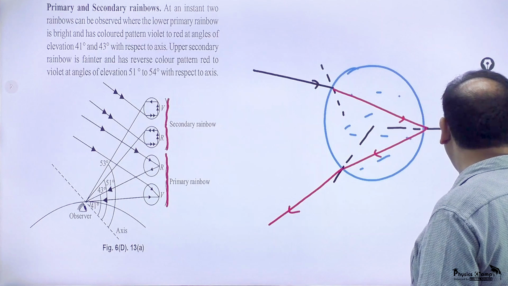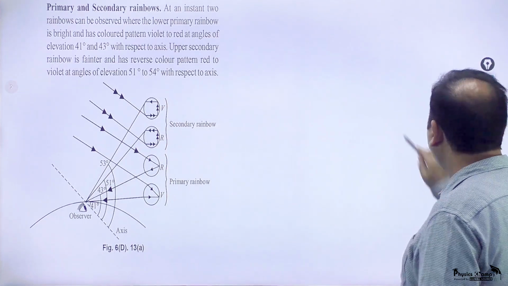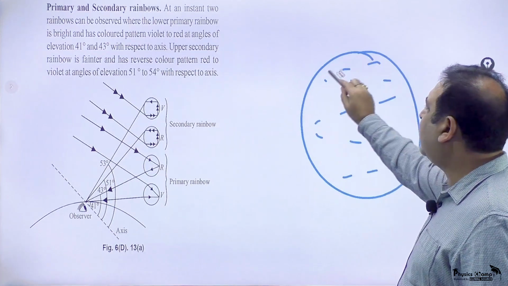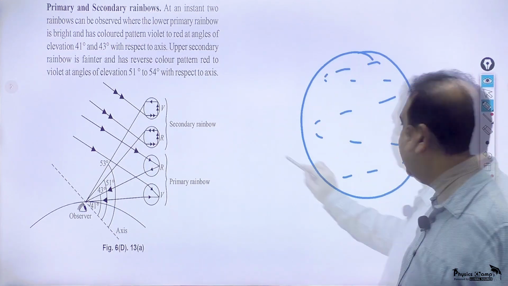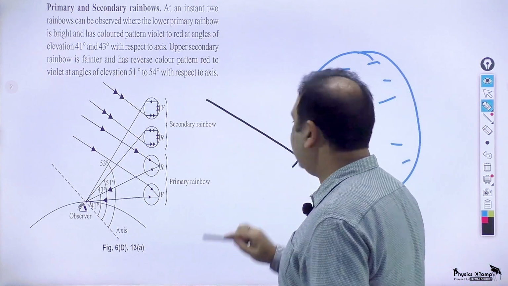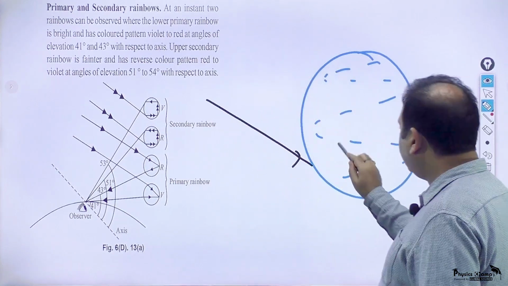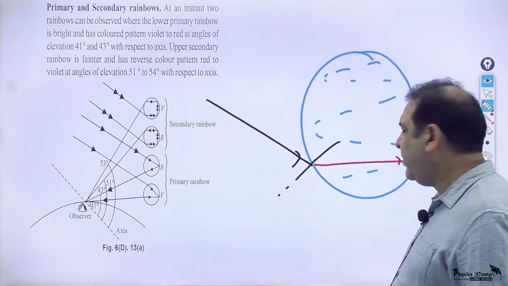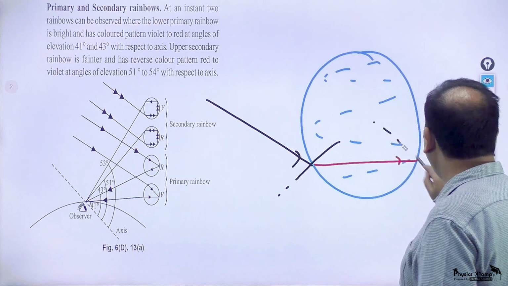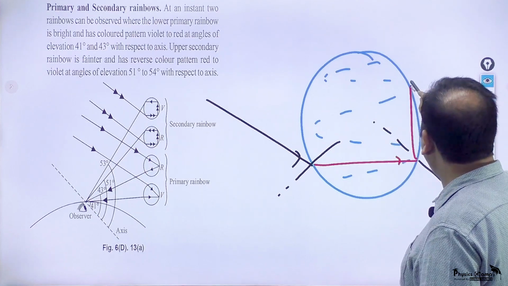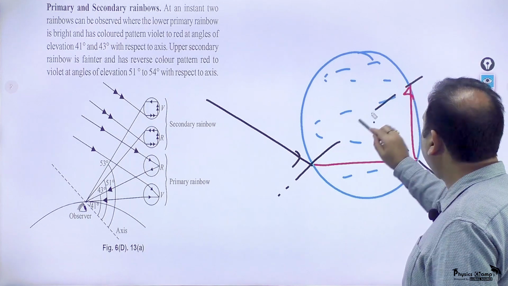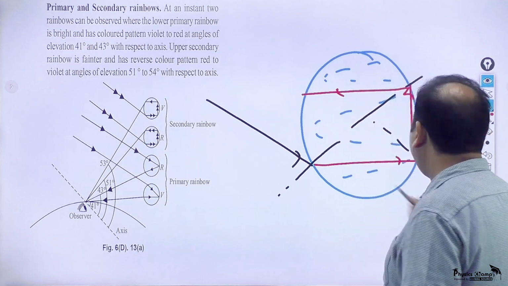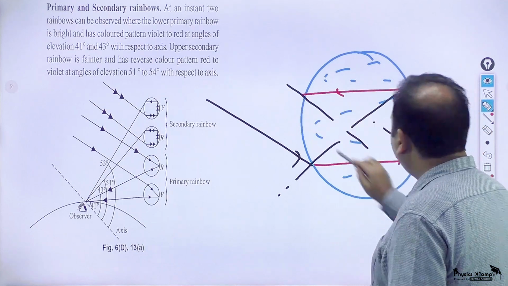But let's talk about the secondary rainbow. In a secondary rainbow, if this is the water droplet, because this is the upper part of the sky, 51 to 54 degrees, the light reaches here and then normal, and say it goes this way, again normal, partial reflection, it goes this way, again normal, and there is partial reflection, it goes here, and again normal, and then it finally goes out.